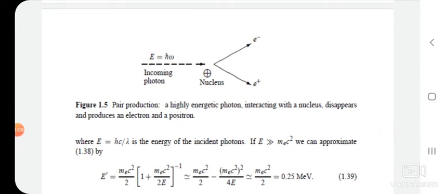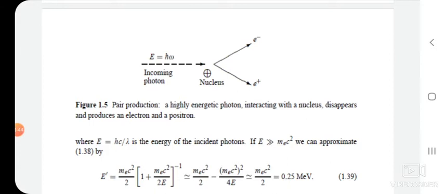Now multiply this mec square by 2 inside the bracket, then you will get mec square by 2 minus mec square whole squared divided by 4E, which is approximately equal to mec square by 2, because the denominator term E is very much greater than the rest mass energy.